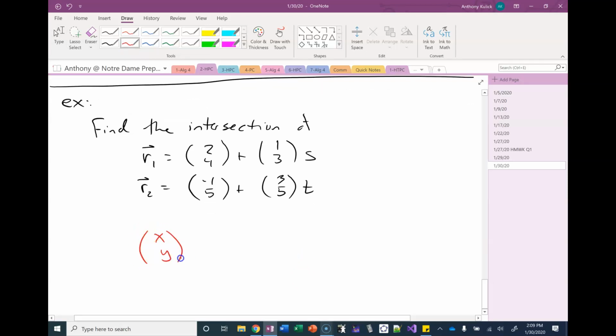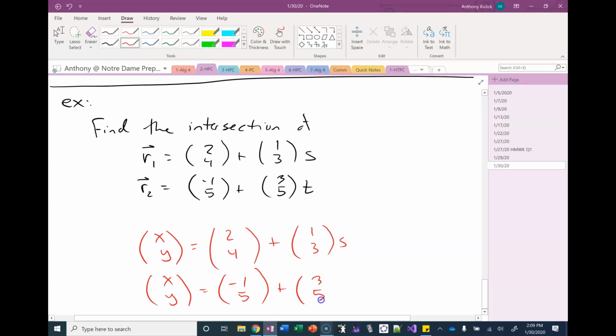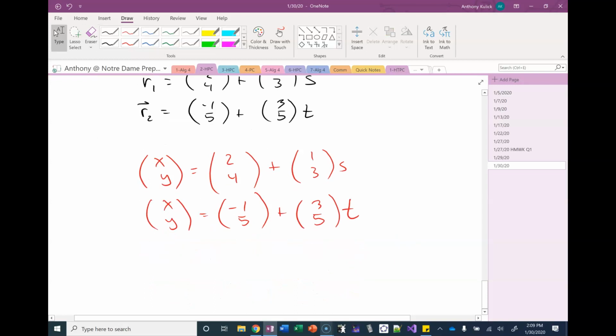We're going to build a system of 2 equations to solve for the values of s and t, where these 2 lines, or these 2 equations, have the same point. So I'm going to call that point that they have in common xy, and I'm going to replace the r1 and r2, the dependent variable of my vector equation, with that point xy. Everybody's okay with that?